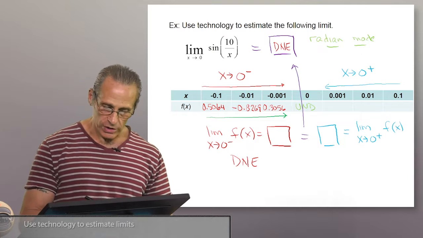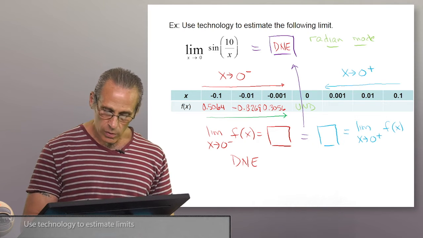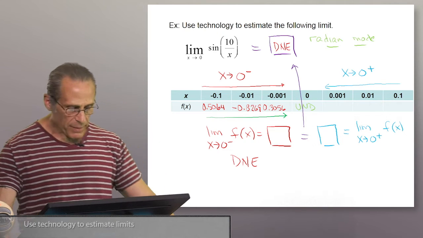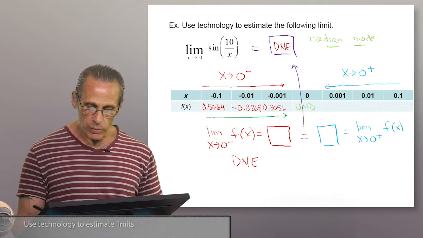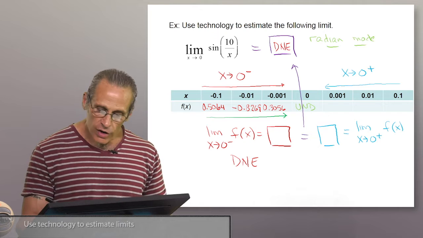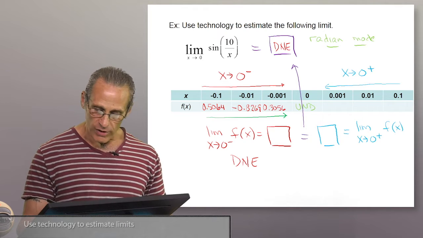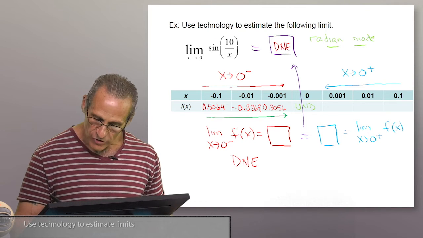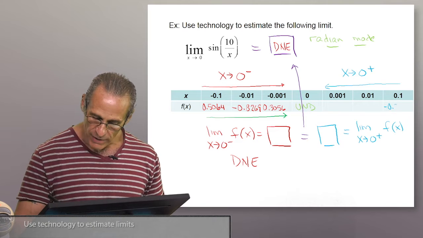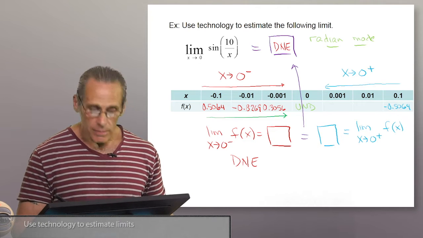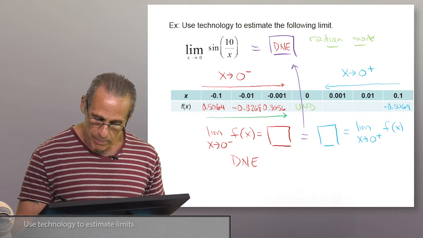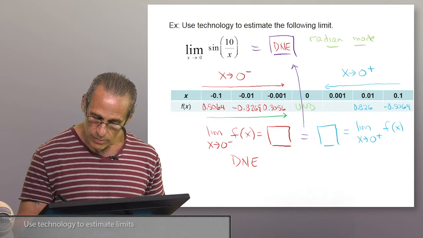Now, if I did choose to look at the right-hand limit, because sine is an odd function, then when I take a look at the value of the sine of 10 over x at 0.1, it would just be the opposite sign of what I just had, negative 0.5064. And then my output at 0.01 would be positive 0.8269.